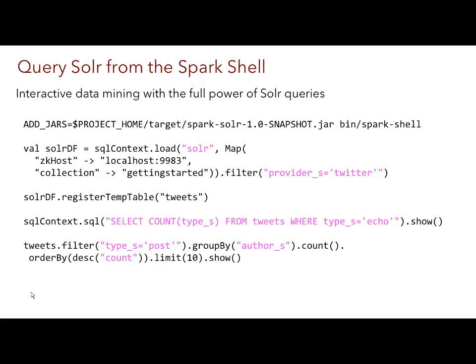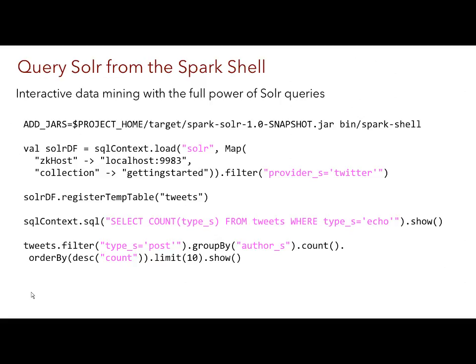But you can also use, and I mentioned the data frame is a DSL for doing data manipulation. So you don't have to do SQL. You can do things like you see in that bottom example, where I'm filtering posts, and then I'm grouping those by the author ID and counting that, and then I'm doing a descending sort on the count and limiting to 10.